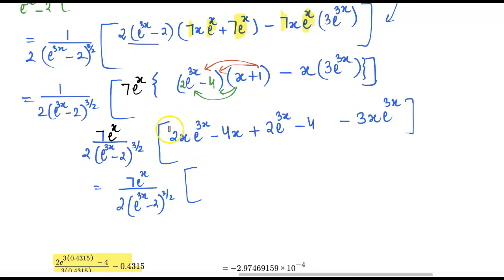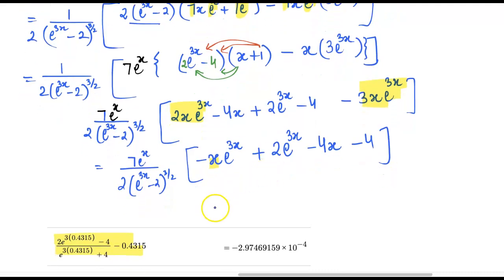So 2x e to the power 3x minus 3x e to the power 3x will give us minus x e to the power 3x plus 2 e to the power 3x minus 4x minus 4.